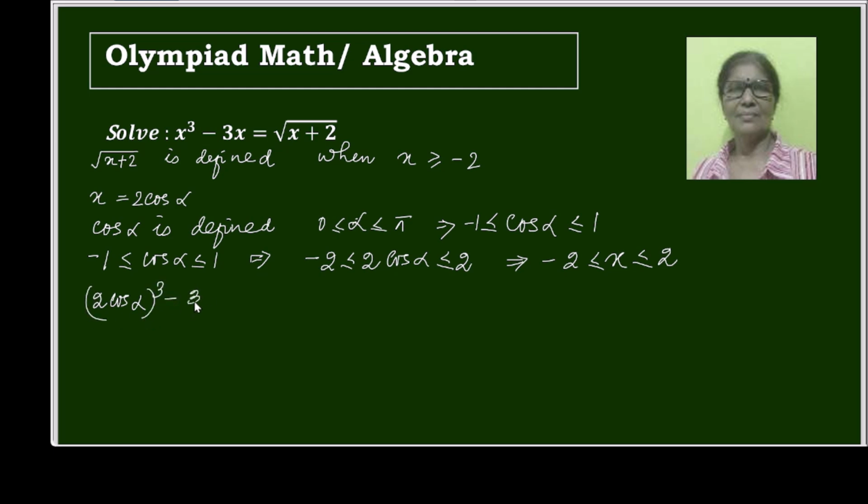minus 3 times 2 cos alpha equals square root of 2 cos alpha plus 2.